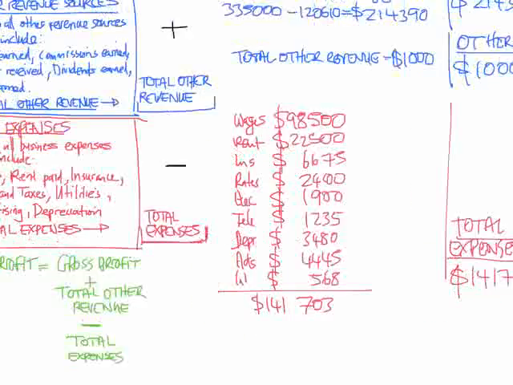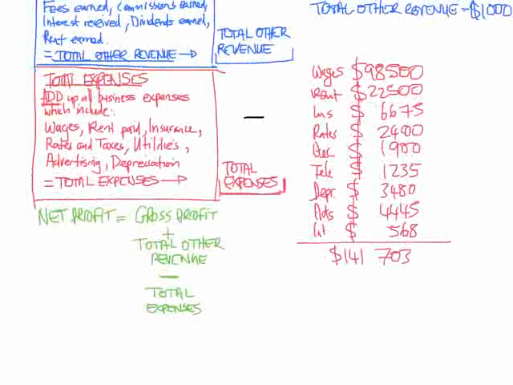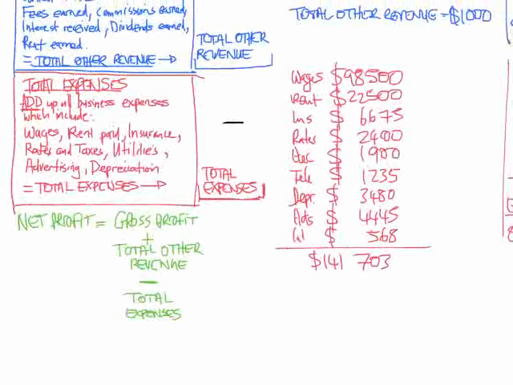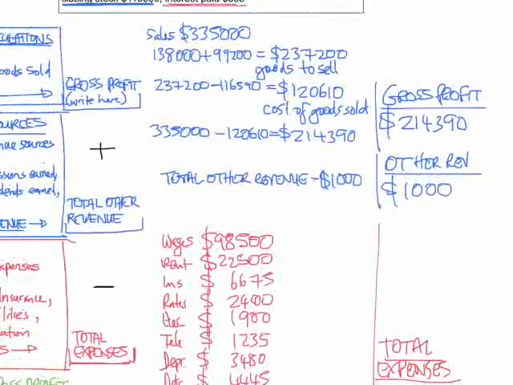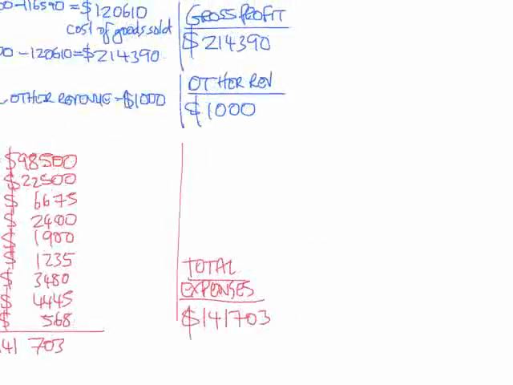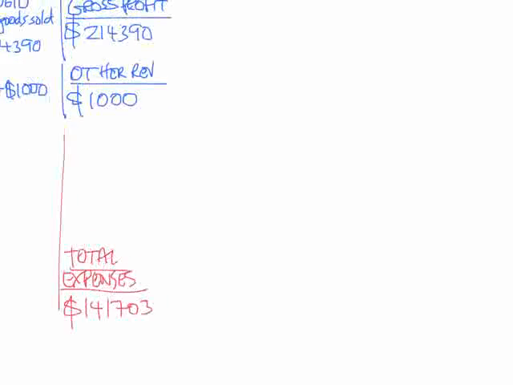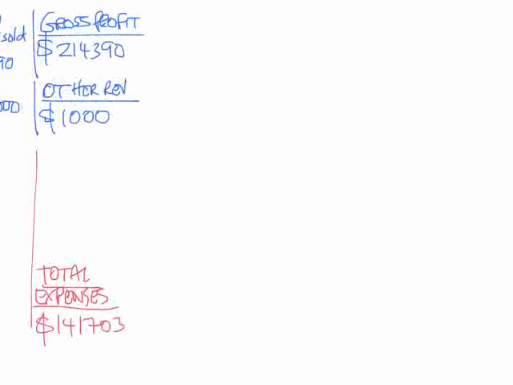So now, to work out the net profit, we have to add the gross profit to the total of other revenue, and then take away the total expenses. So we can move over here, and usually it's suggested in the book to do it vertically, but I'm just going to do it on this side because we have all of these elements together on the one screen.